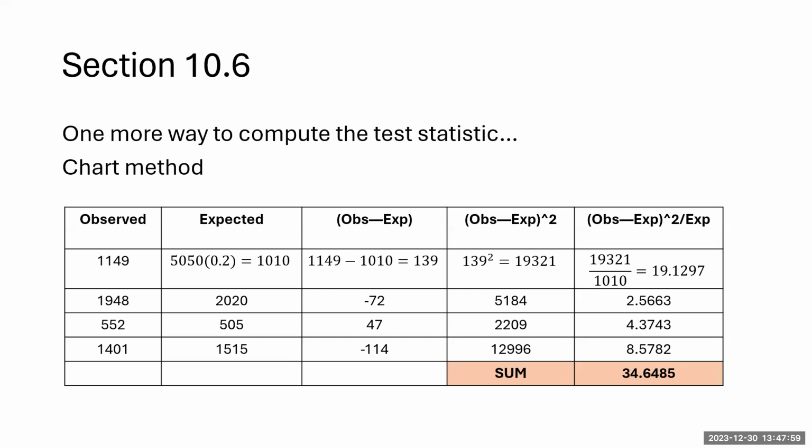Then I did the observed value minus the expected, squared it, and divided by the expected. Then I summed that last column to get 34.6485. If it makes more sense to you to use a chart to compute that test statistic, you're certainly welcome to use that if you so choose.